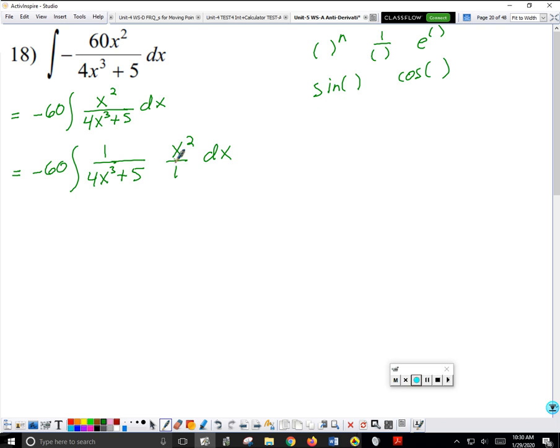And I'm looking at the something. The something is x. It's not going to work to say u equals x. So I ignore that. This is 1 over something. That's okay. U could be 4x cubed plus 5.